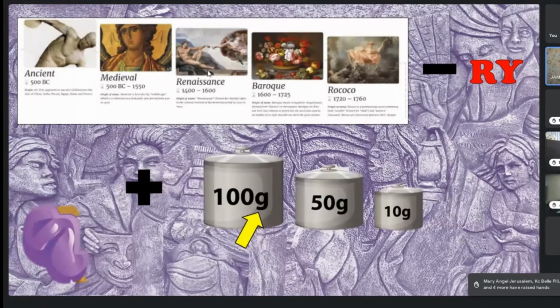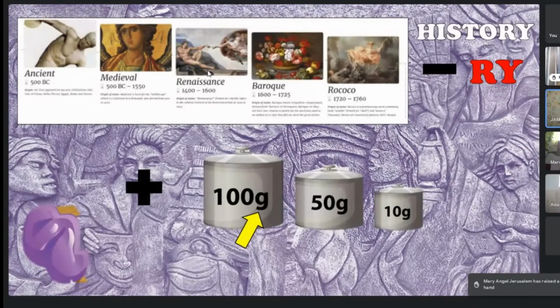If you don't have a microphone, you can type your answer on the chat box. How about Mary Angel? History po. Very good. So we have here history. Then we will subtract RY, therefore it will become histo.